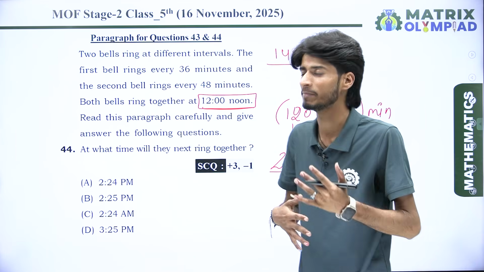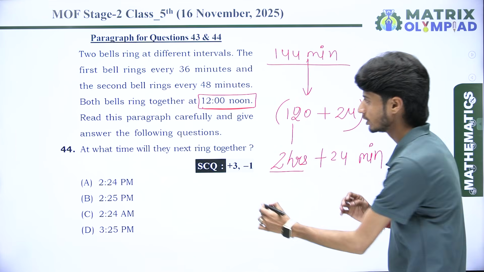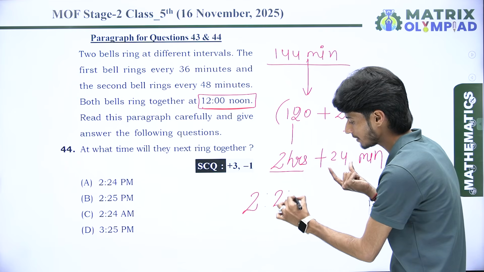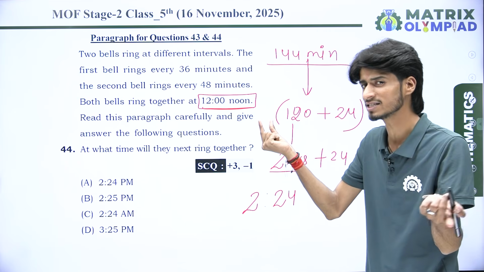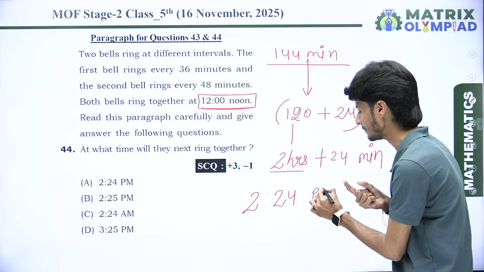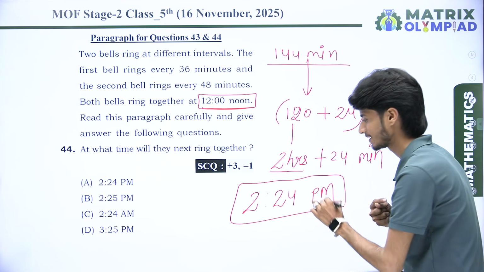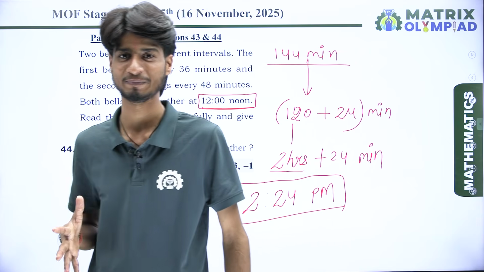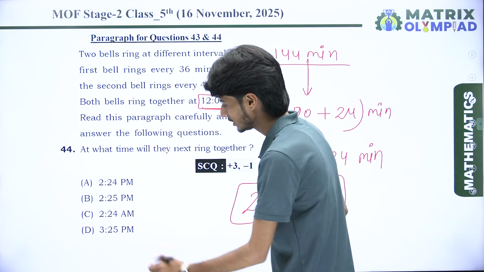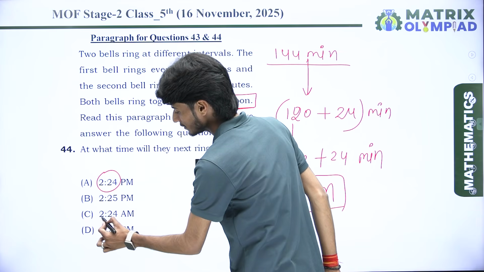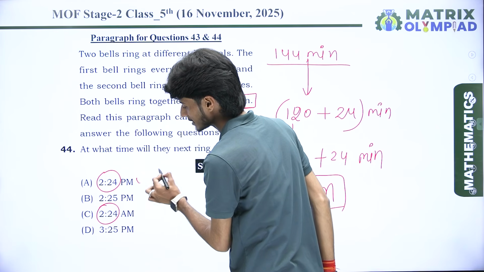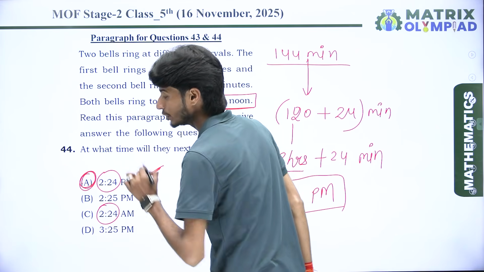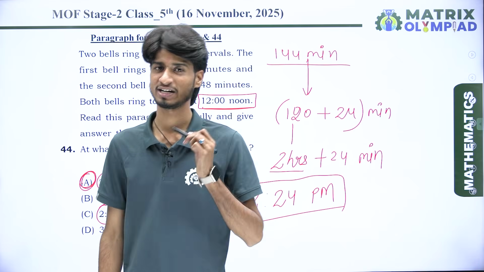So the next time will be 12 plus 2, which is equal to 2 o'clock, and 24 minutes. And the time is in the afternoon, which is PM. Yes or no? So the correct answer is 2:24 PM. Got it? So let's see. Here we have 2:24, but the correct one is PM because they ring after noon. Got it? So the correct option is option A.